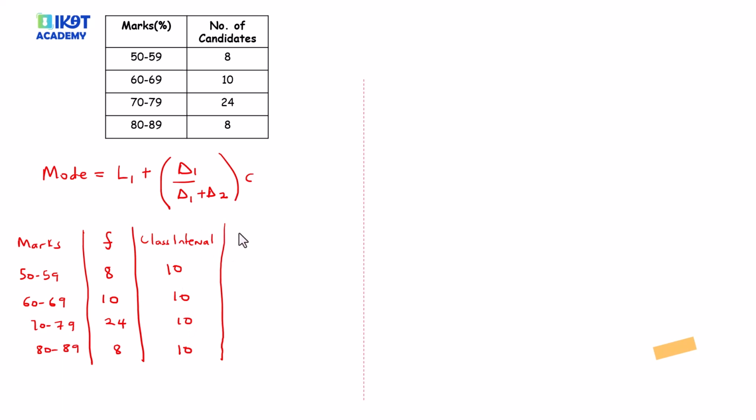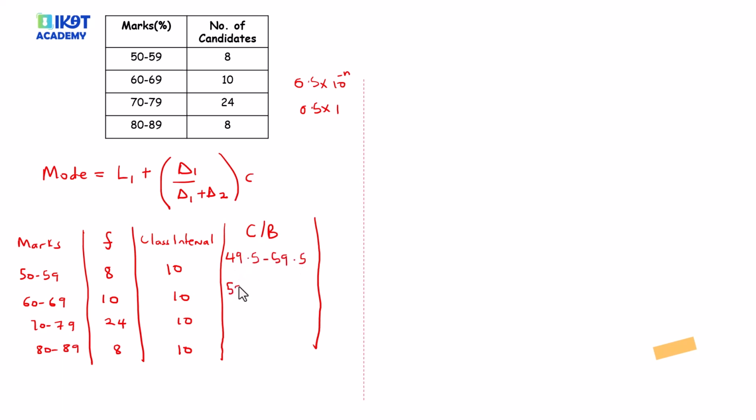Now I have to include the class boundaries. Why? Because L1 means the lower limit of the modal class, and of course we are going to have that in the form of the class boundary. So we said 0.5 times 10 to the power negative n. Here the number of decimal places is 0, so it should be 0.5 times 1, which is 0.5. So minus 0.5 here, I'll get 49.5 to 59.5.